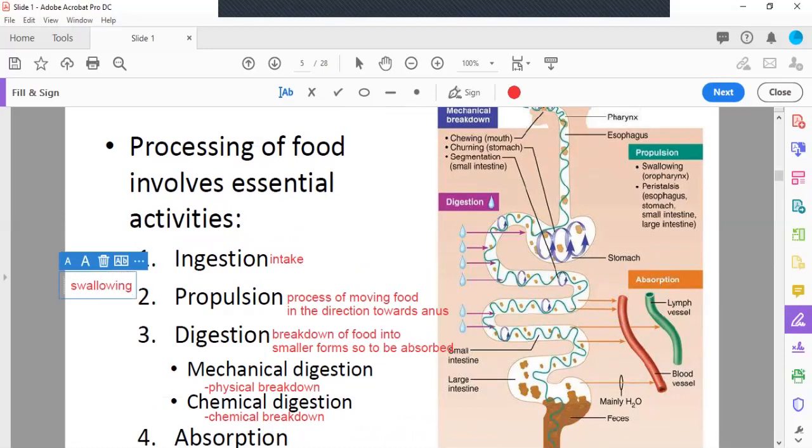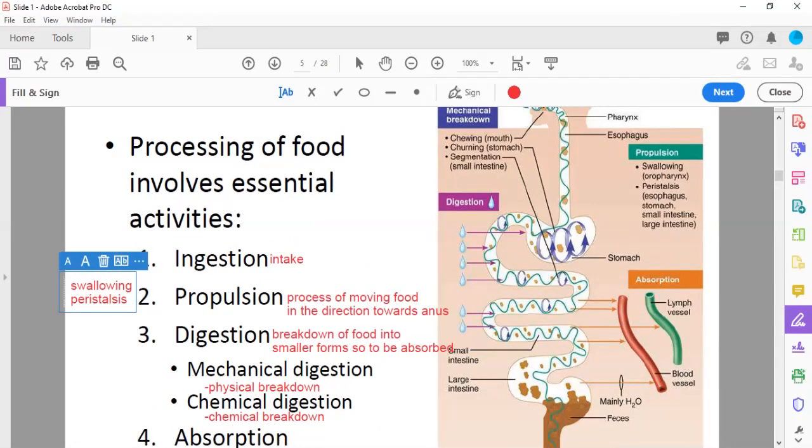And we'll come back to swallowing in a moment. There are different phases of swallowing. And peristalsis. And we will talk about peristalsis. But in all cases, propulsion just means the process of moving food in the direction towards the anus.